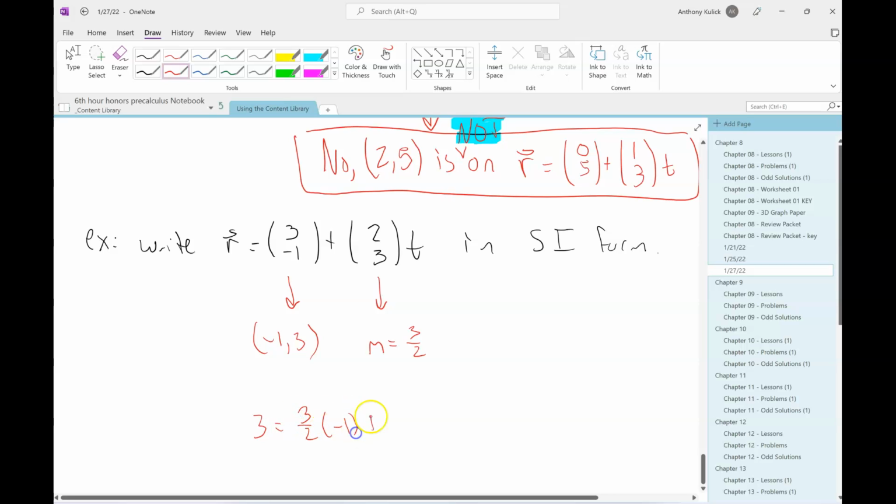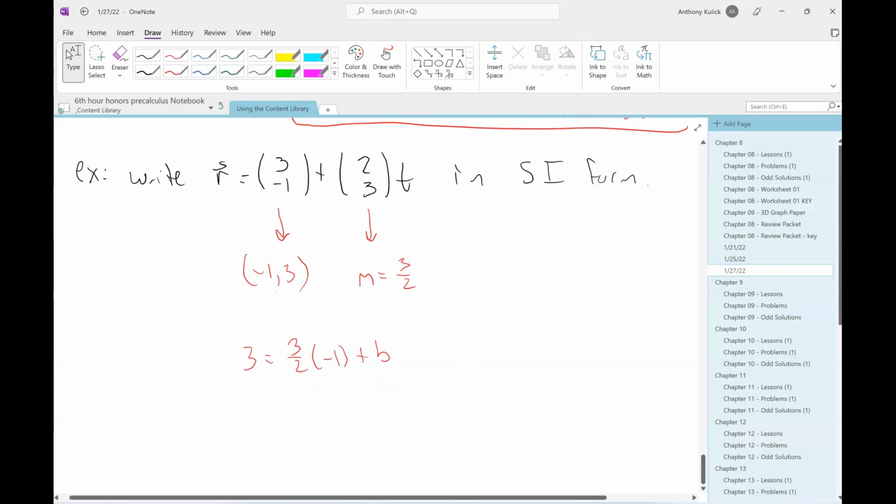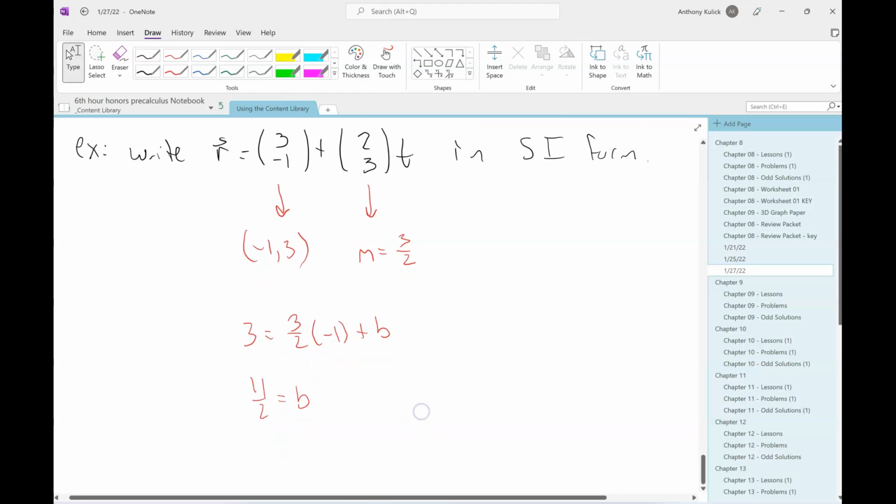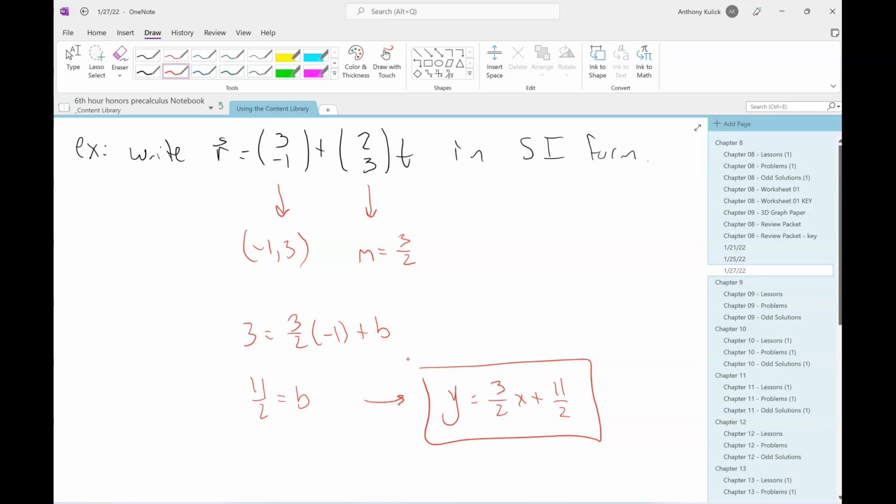And then I can just plug that into y equals mx plus b to solve for b. So is that going to be 11 over 2 then when I add that over? It's super easy, right? It's basically like an Algebra 1 problem.